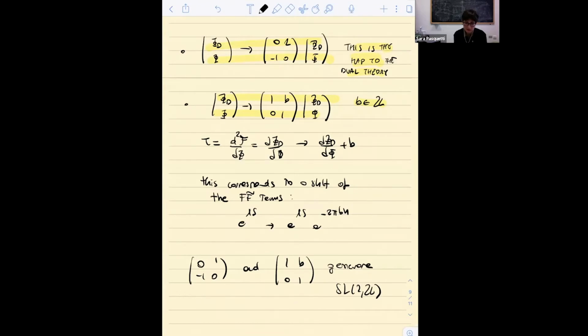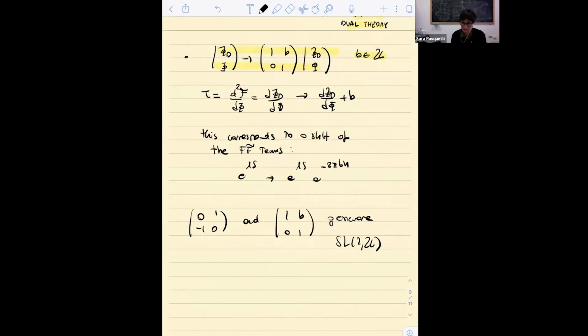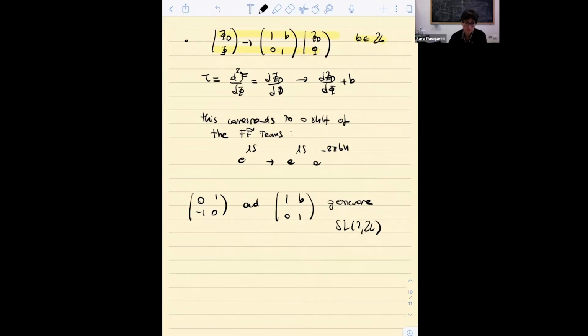So the message is that there is not a single low energy description of the theory, but I can always perform an SL(2,Z) transformation and get an equivalent description. It's interesting to note also that the central charge formula that we wrote needs to be consistent with this symmetry.